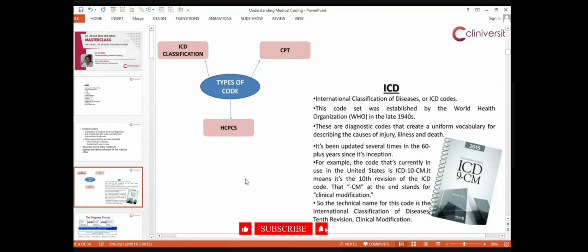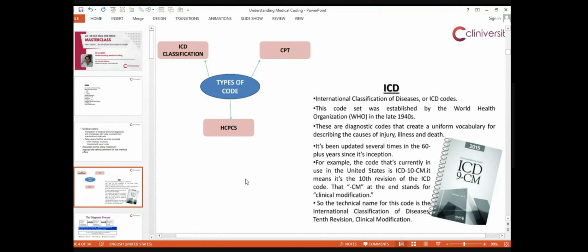This code set was established by WHO, the World Health Organization, in the late 1940s. These are the diagnostic codes that create a uniform vocabulary for describing the causes of injury, illness, and death.